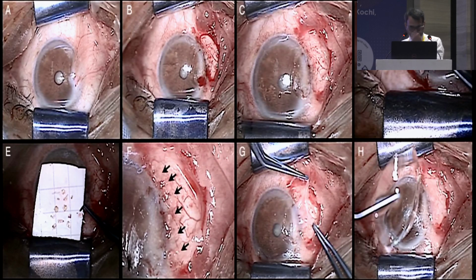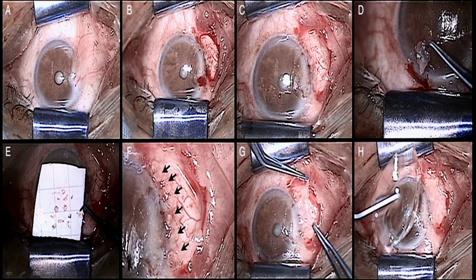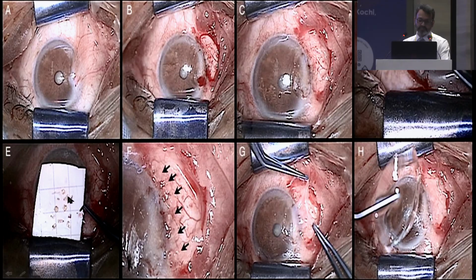Now this is a series of pictures. Here you can see the pterygium. Here the pterygium has been stripped and you can see the bare sclera. In the third picture, C, you can see the amniotic membrane has been placed. Now in picture D, you can see the area from where a small strip of limbal stem cells has been harvested. Only 1 clock hour area is used, and these are the small pieces.